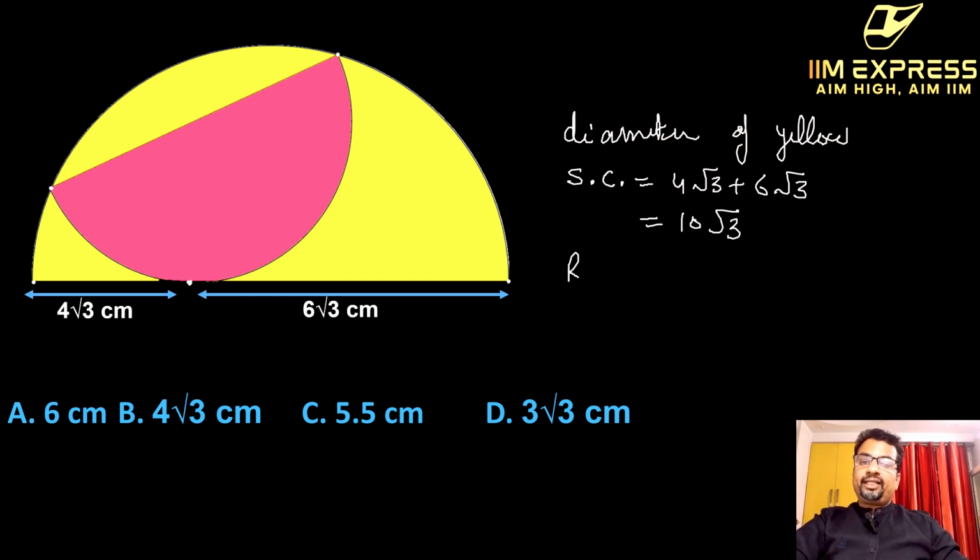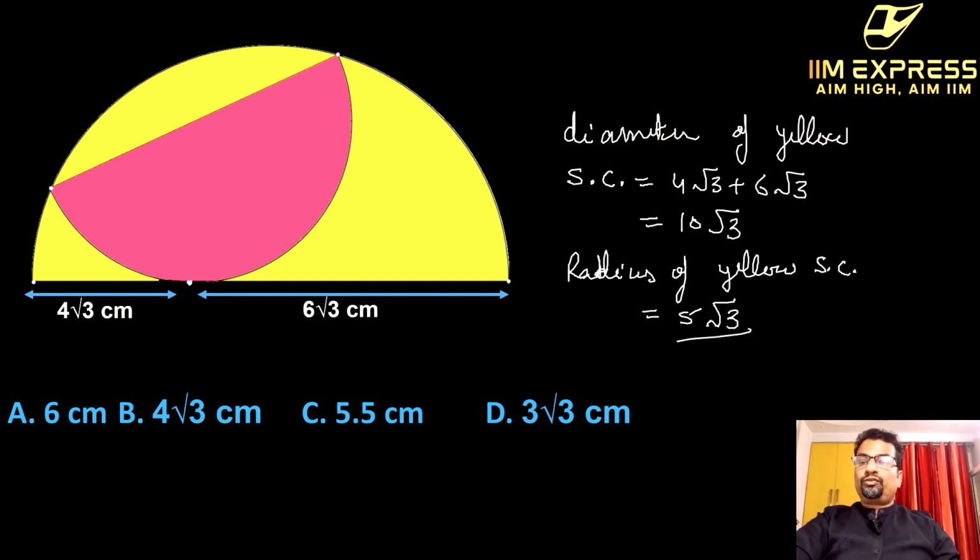So what is the radius of yellow semicircle? It should be half of diameter, or easily we can say 5 root 3. So radius of the yellow semicircle is 5 root 3.